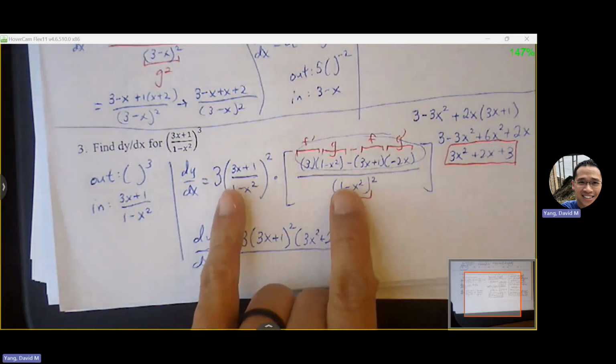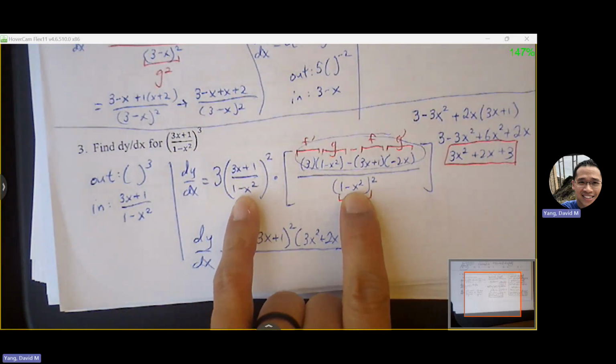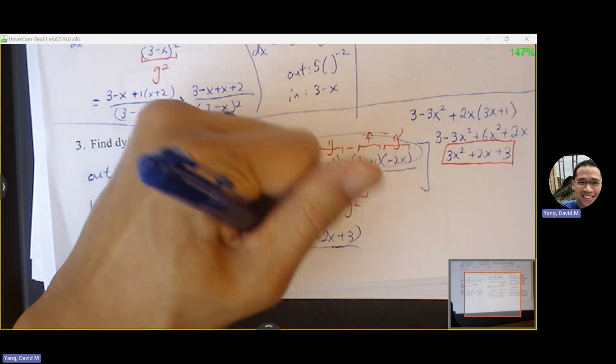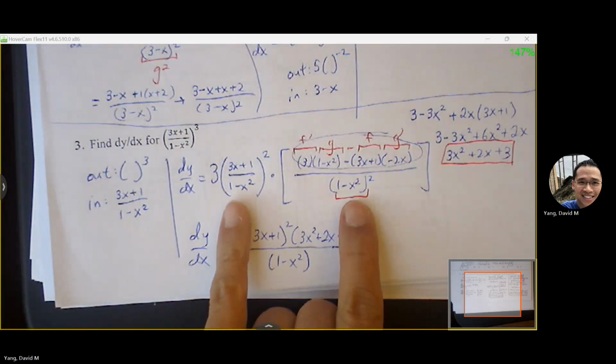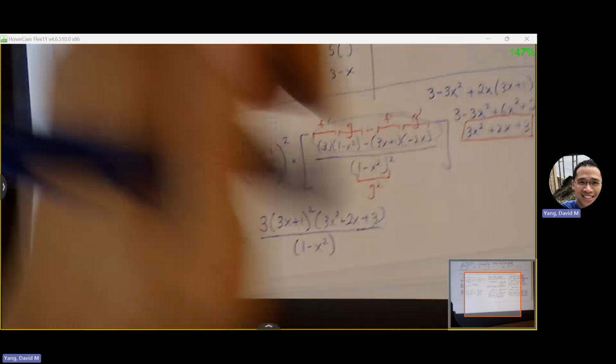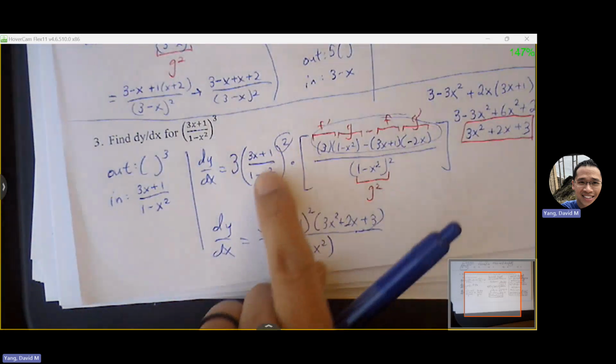In my denominator, I have a bunch of 1 minus x squared. How many do I have in total? One minus x squared raised to what exponent? It looks like 3, but it's actually what? 4, right? We have to make sure we pay attention to this exponent. This exponent is seen both in numerator and denominator.